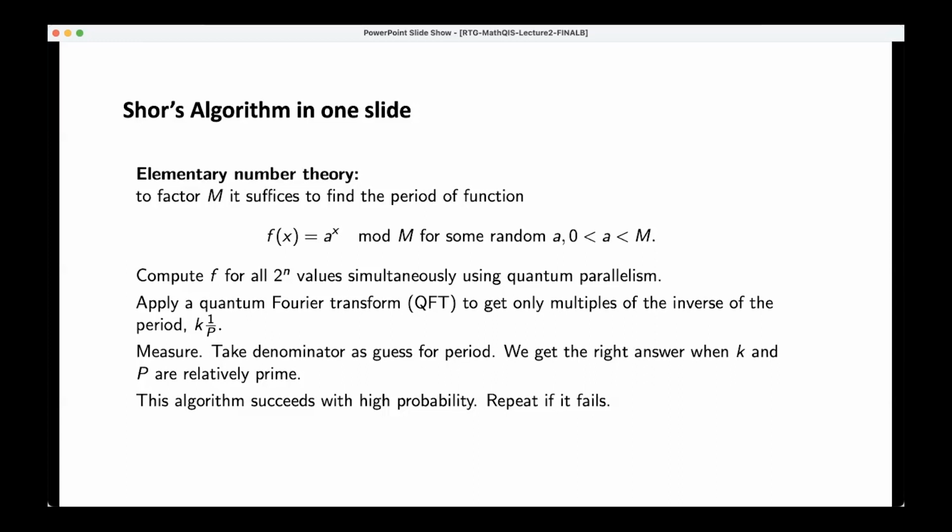And we're going to see each step, because each step is very involved. Then you apply a quantum Fourier transform to get only multiples of the inverse of the period. And then you measure. And of course, if there is an error, you have to repeat again. But the point is that this algorithm succeeds with very high probability.